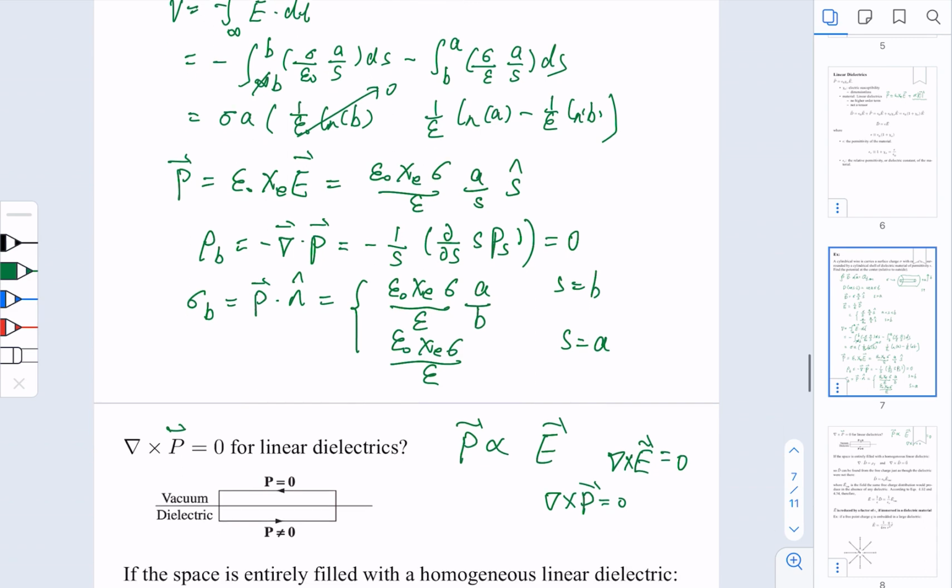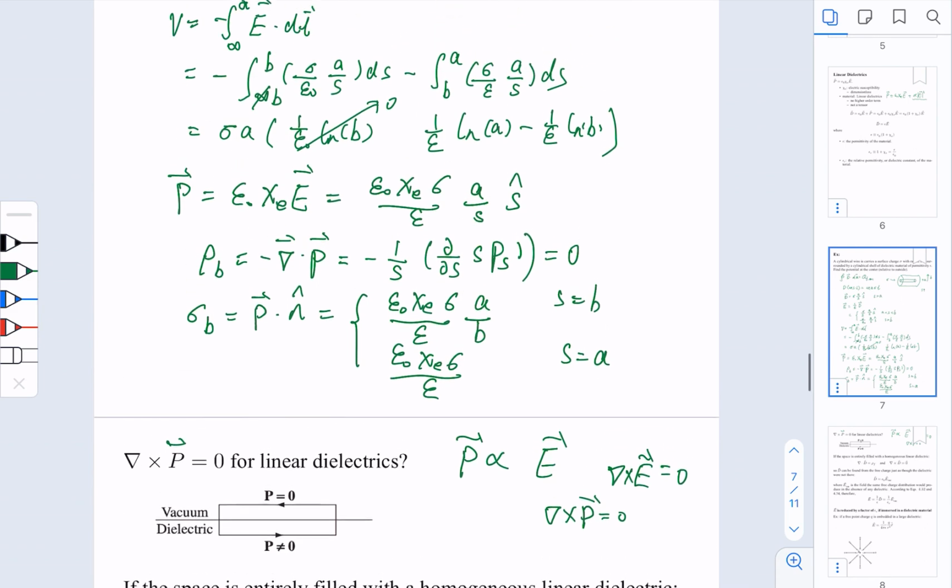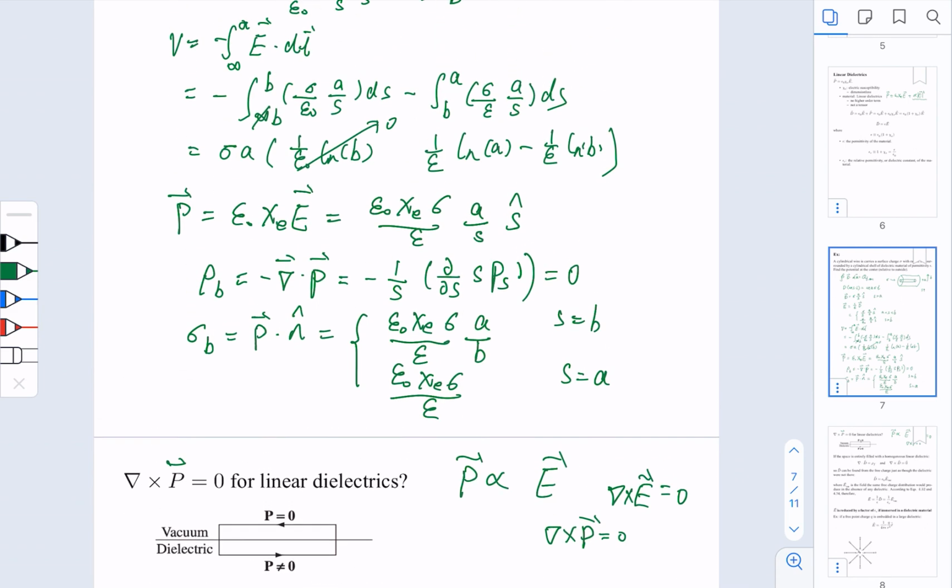If you look at the figure here at the boundary separating the vacuum and the dielectric material, inside, because of the E field, the material can be polarized along this direction.